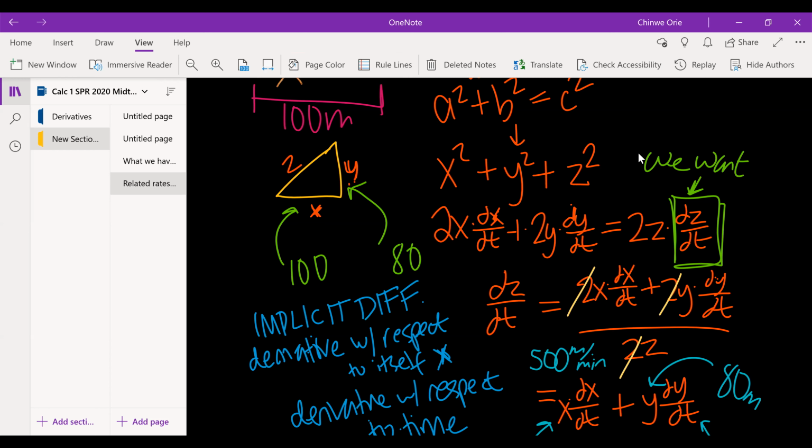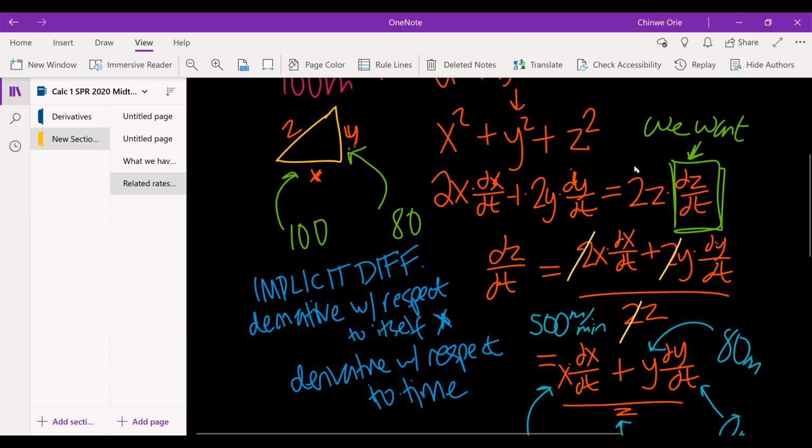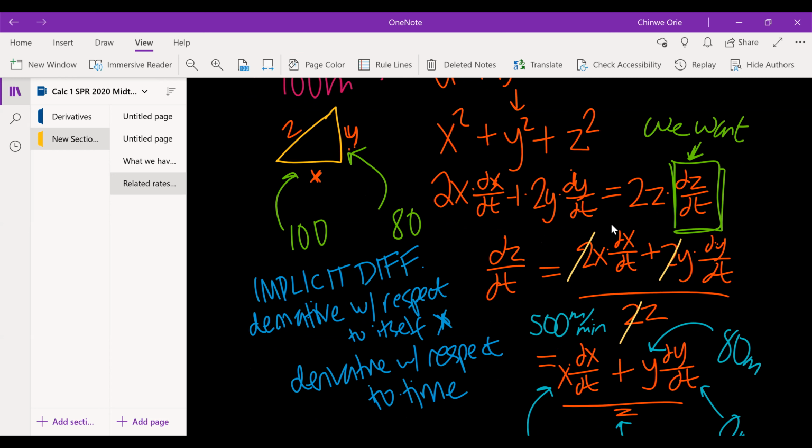No, yeah, but wouldn't z be 100? Well, if z is 100, then are we solving for dx dt? Maybe. But you'd still solve for dz over dt. If it's the bird's distance from the hunter, isn't that the hypotenuse?